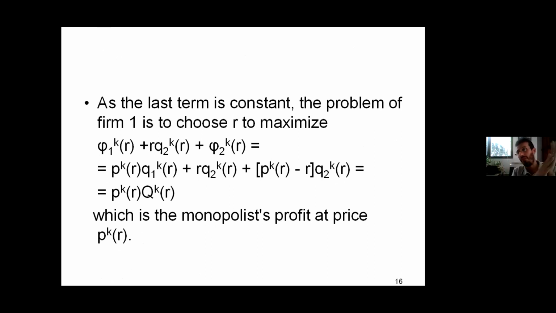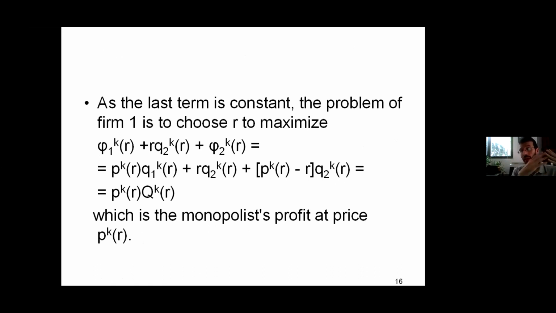So the problem of the patentee in this case is to choose R, the per unit royalty, in order to maximize the first three terms. Rewriting the first three terms, what you have here is the monopolist profits at price p(R).